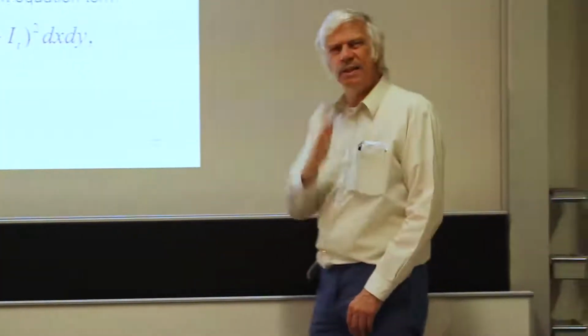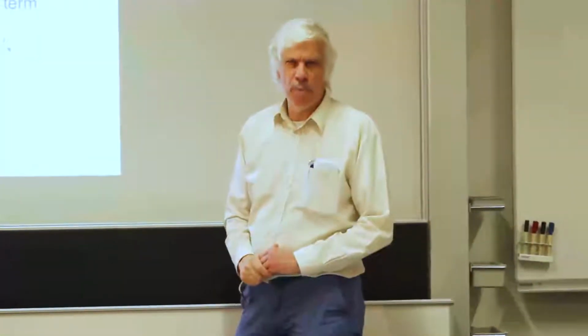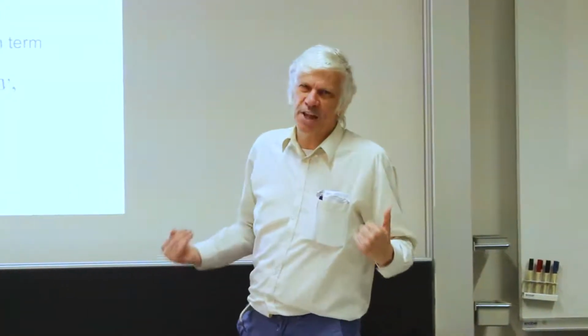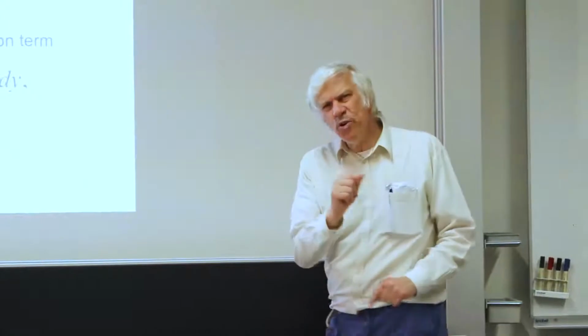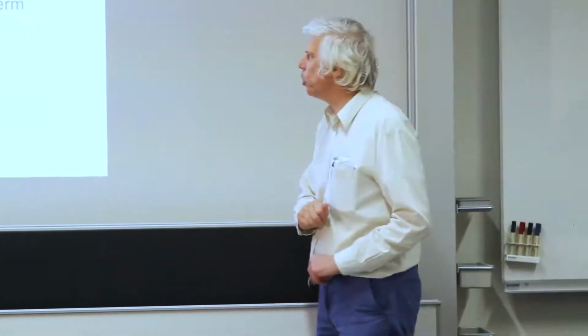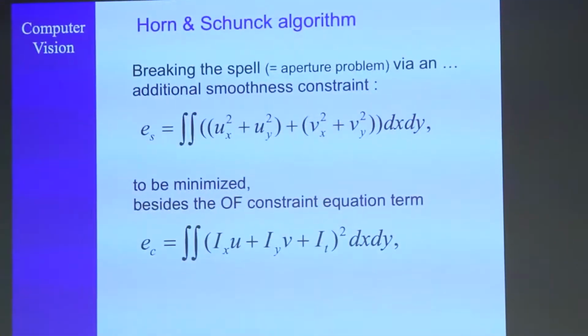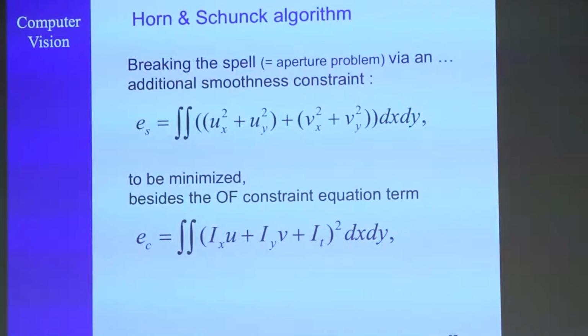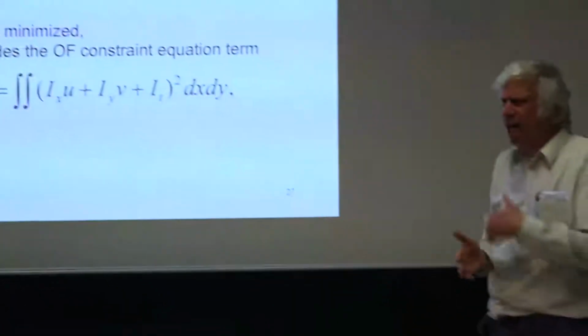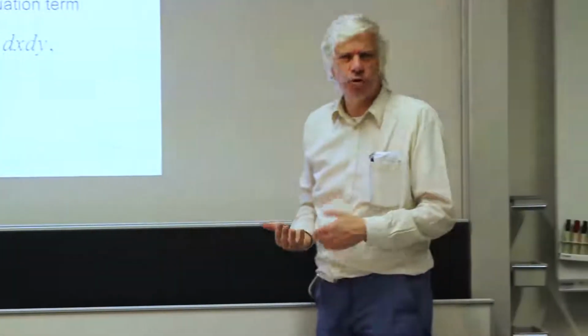But as we saw, this is an underdetermined problem. We have just one equation, 2 unknowns per pixel, no hope for us there. So we throw into battle a second assumption, which is a smoothness assumption. It says that in typical scenes, neighboring points will have very similar motions.